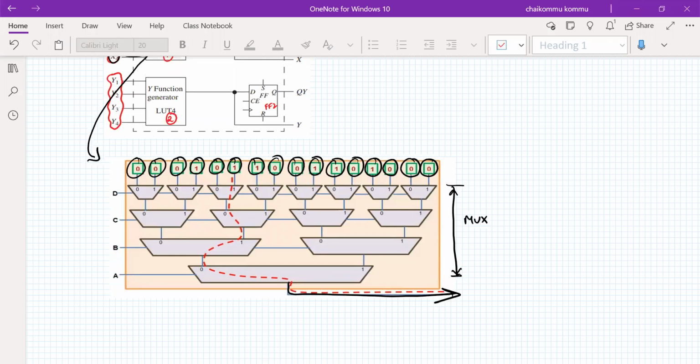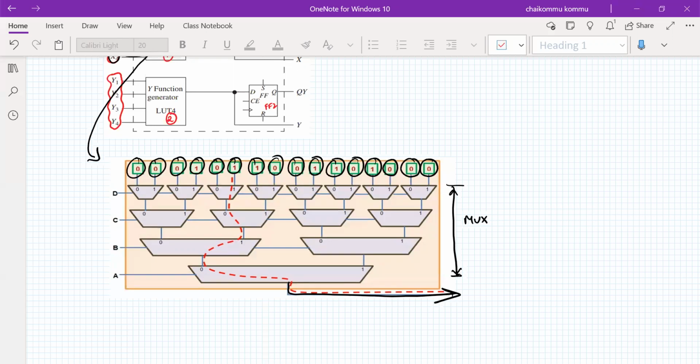So what is our responsibility in this one? We have to program. As a designer, I have to program the SRAM cells. How do I program my SRAM cell? Depending upon what kind of output I want to produce. In this first RAM cell, I want to produce 0. The second 0, third 0, fourth is 1. The fifth is 0.